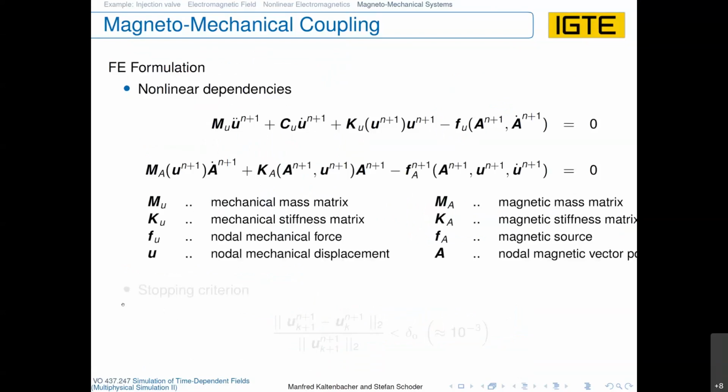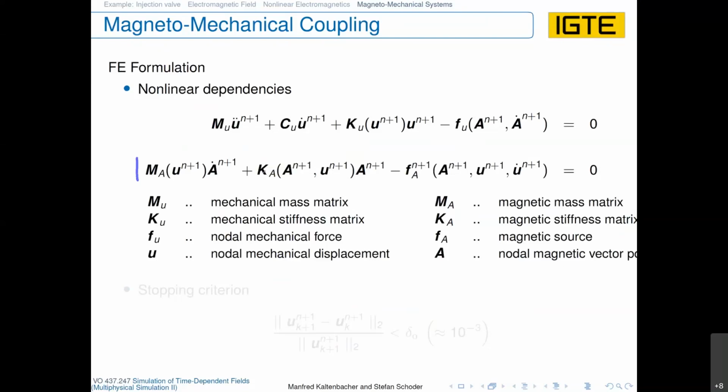Okay, so now coming to the final coupled system of ordinary differential equations as written here. We assume that we do a partitioned ansatz, which means we solve the mechanical PDE separately from the electromagnetic PDE, in such a sense that we first compute the magnetic partial differential equation in a semi-discrete Galerkin formulation, still continuous in time.